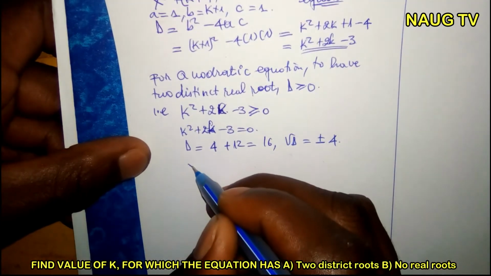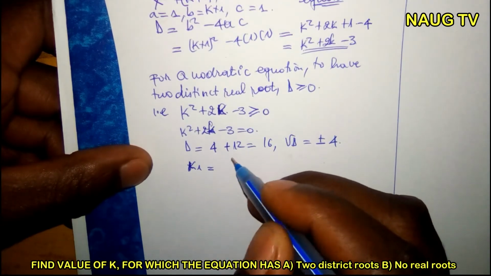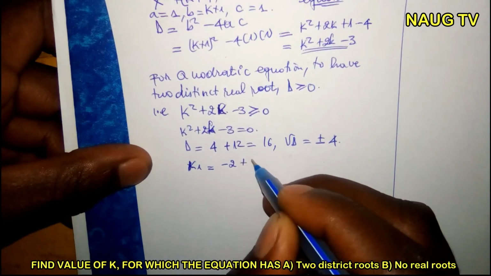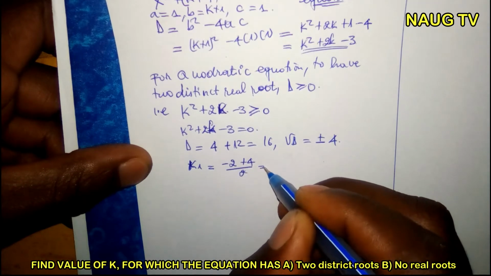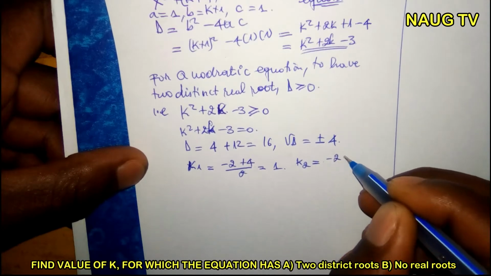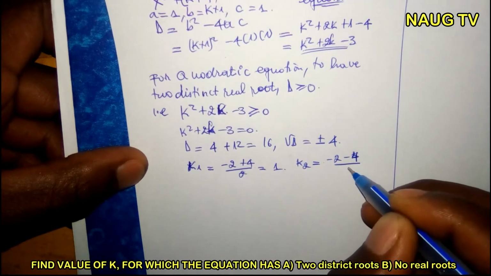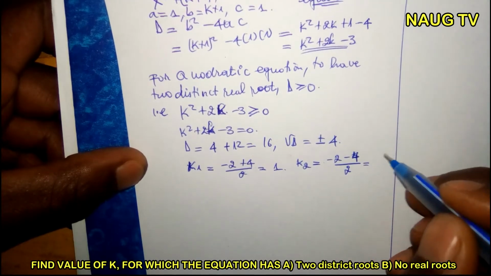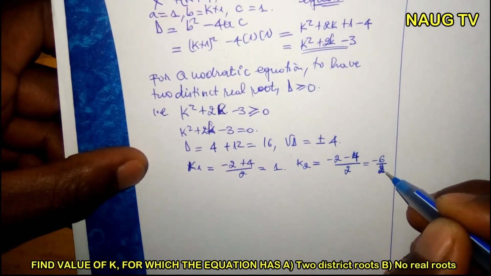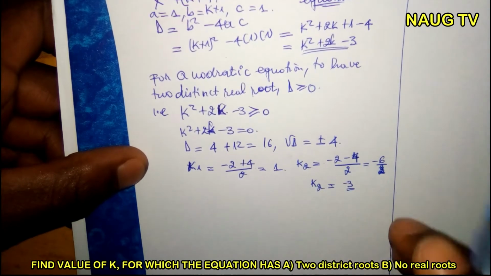So I think k1 would be equal to negative 2 plus 4 over 2, and we get 1. And k2 would be equal to negative 2 minus 4 over 2, and we get negative 6 over 2. Then k2 would be equal to negative 3, right?